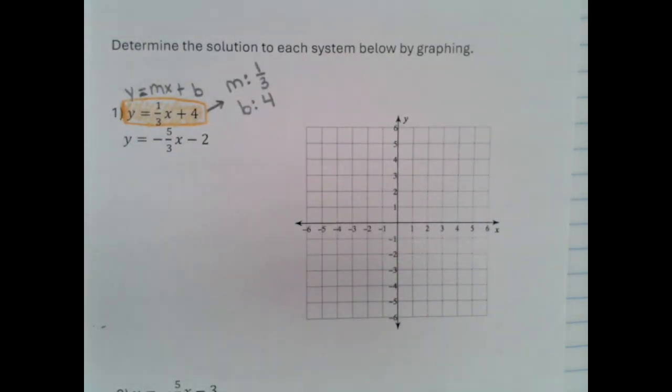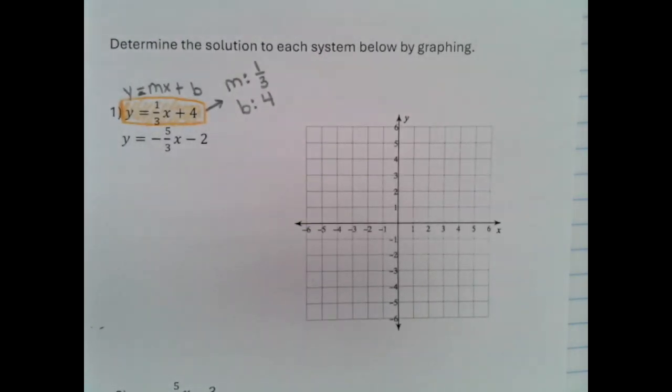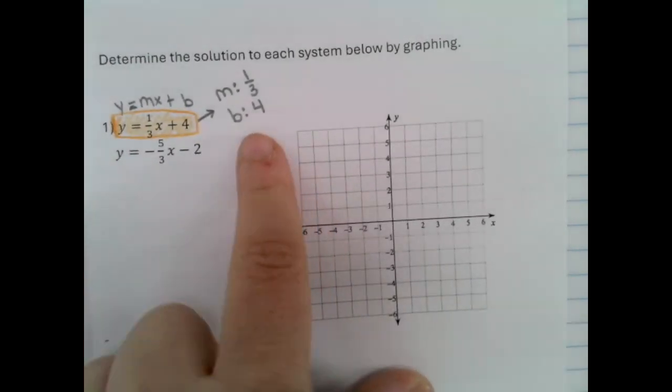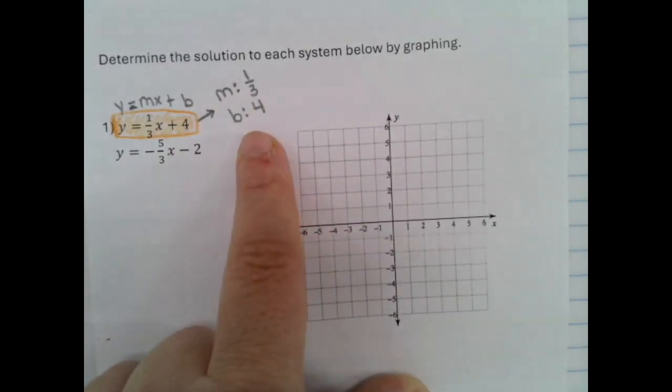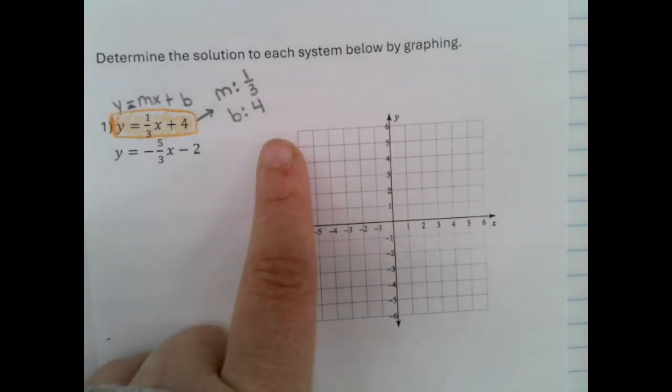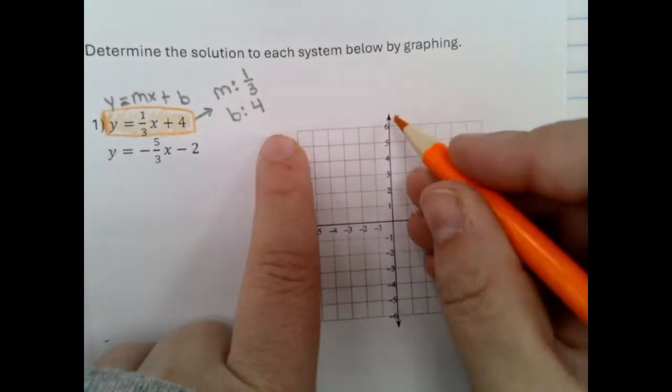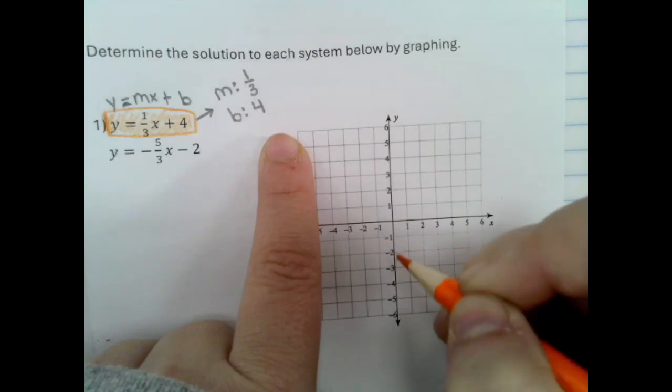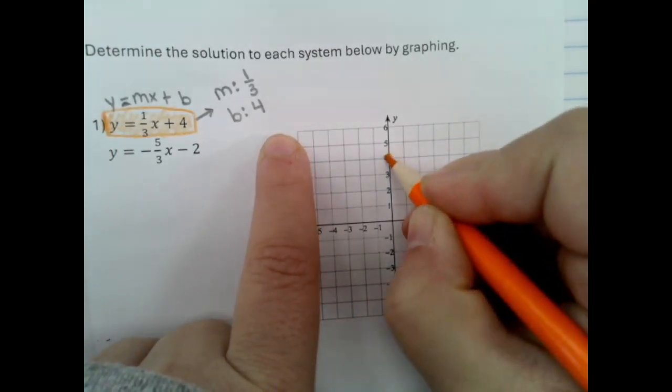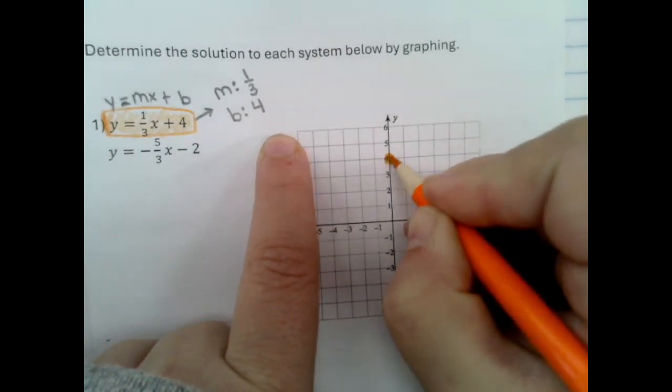I'm going to use just my orange colored pencil to graph it. If your colored pencil is really dull, maybe you'd graph it with your pencil first and then just overlap it with your color. So when I graph, do we start with a 1/3 or do we start with a 4? Good, the 4, and the 4 is on the y-axis. So on my y-axis here, I find where that 4 is, positive, so it's right up there.